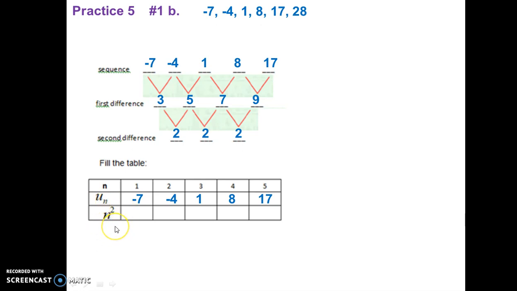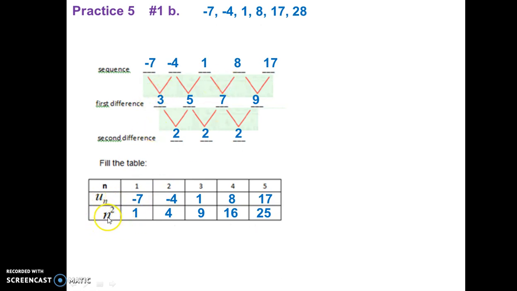Quadratic must always have an n squared, right? So n squared: 1 squared is 1, 2 squared is 4, 3 squared is 9, 4 squared is 16, 5 squared is 25. If this quadratic sequence was as simple as just being n squared, then that would be our sequence. However, this is the sequence we're given. It doesn't match this. So our sequence in this problem is a little more complicated than just n squared.